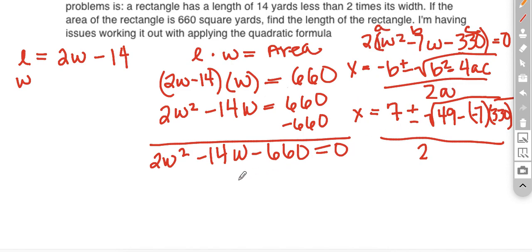All right, so now I'm going to simplify. So now I have x equals 7 plus or minus, and then I'm going to use my calculator. So 4 times negative 330, and this is going to be a positive number because negative times a negative is positive.